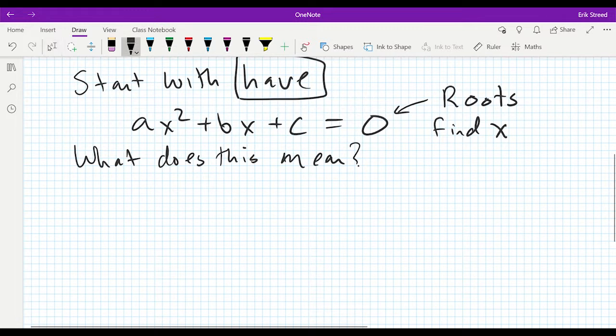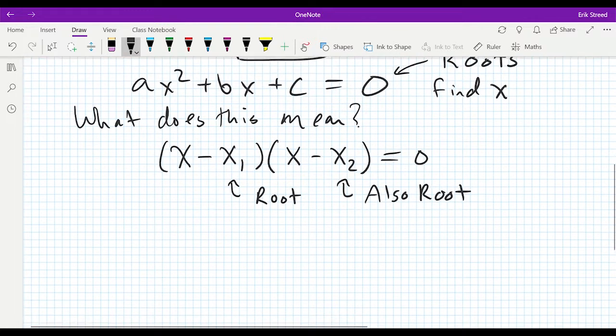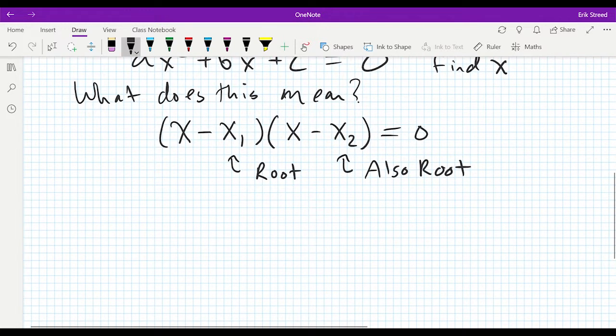So we might recall from multiplication that if I've got a root, I can rewrite the quadratic equation in terms of a product, and in fact, in terms of 2 products, where x1 is a root and x2 is also a root. So these are valid solutions that get us to 0. So if x is equal to x1, then this term is equal to 0.